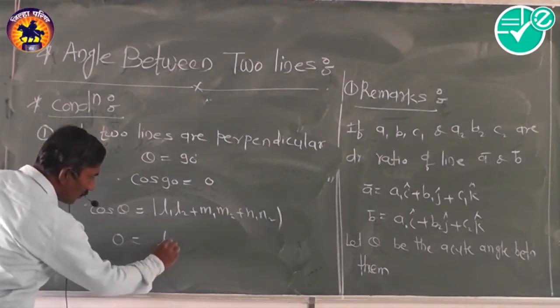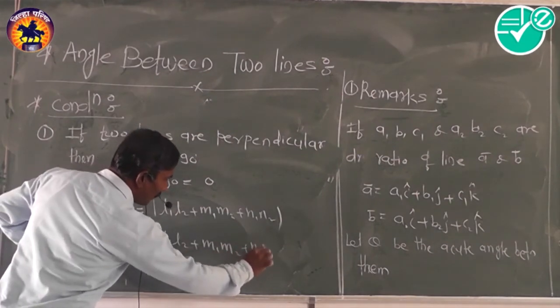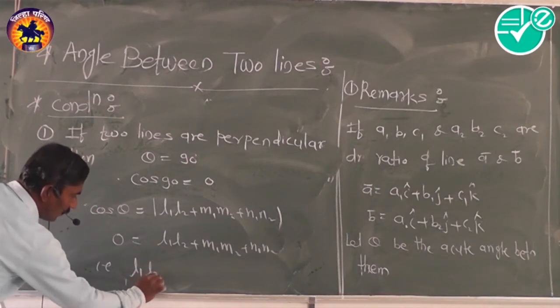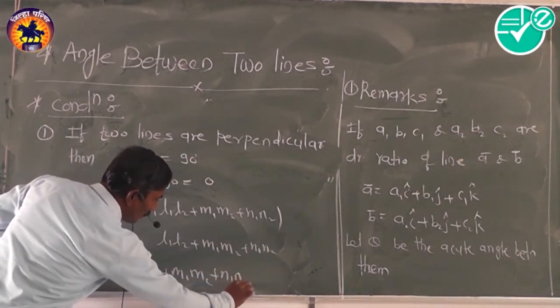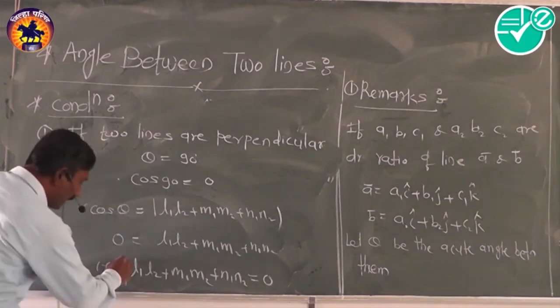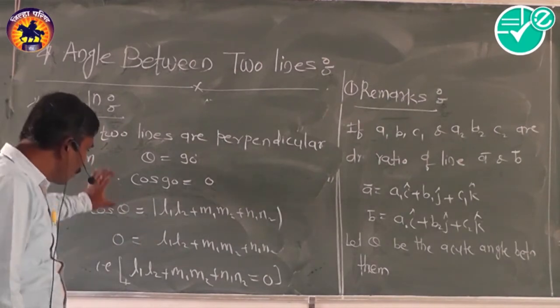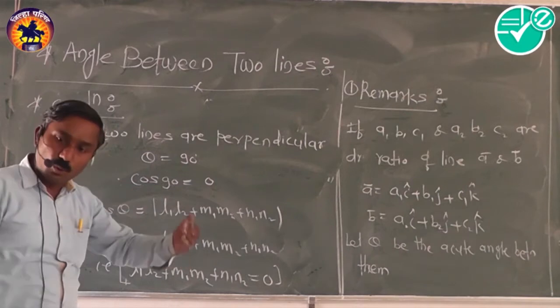So we write L1 L2 plus M1 M2 plus N1 N2 is equal to 0. This is the condition if the two lines are perpendicular to each other, if we are given their direction cosines.